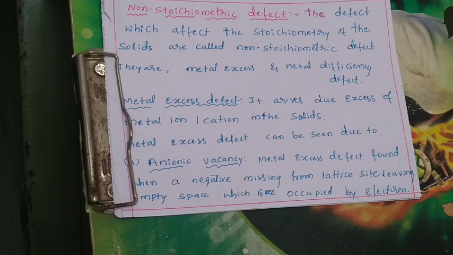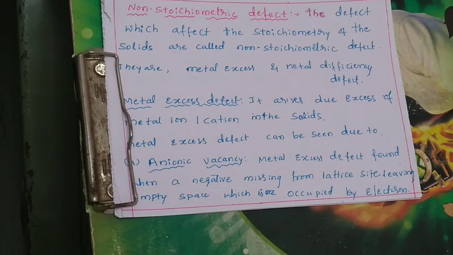Firstly, let us take the metal excess defect due to anionic vacancy. This defect is found when the negative ion is missing from its lattice site, leaving an empty space which is occupied by an electron.